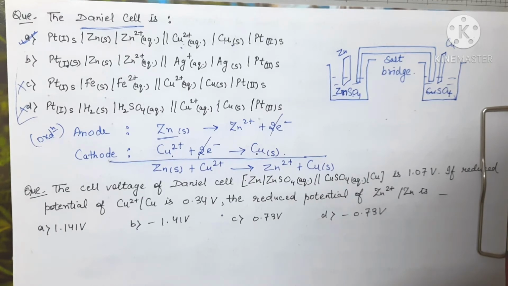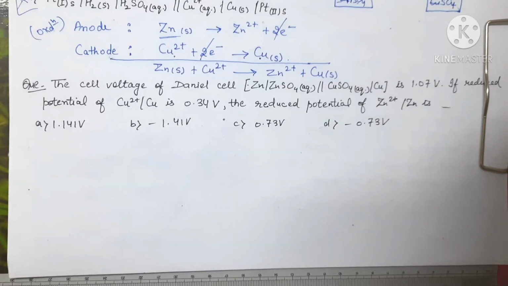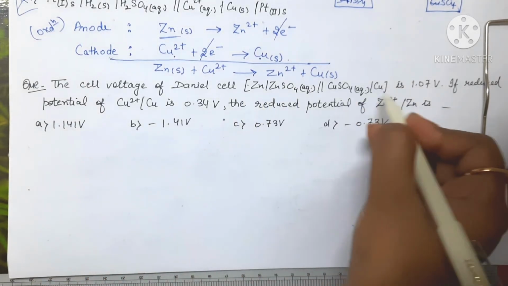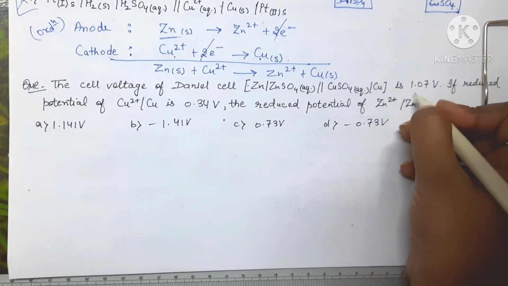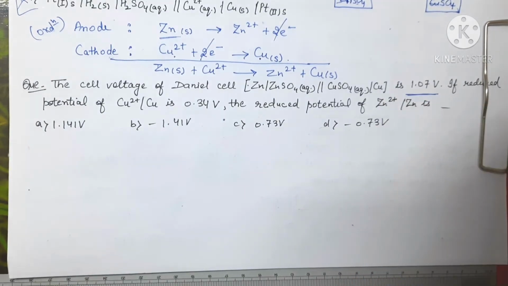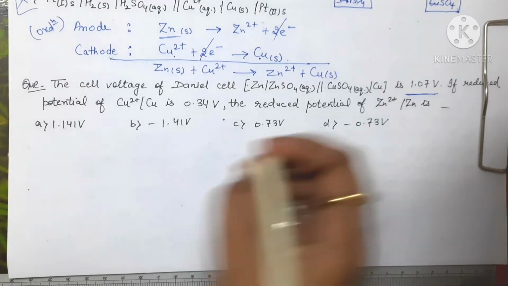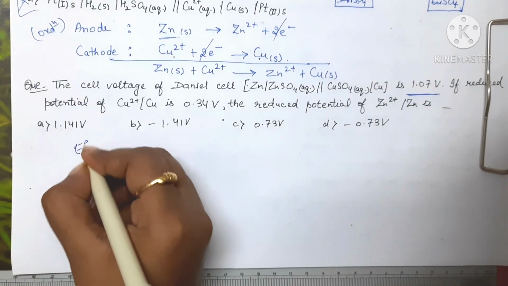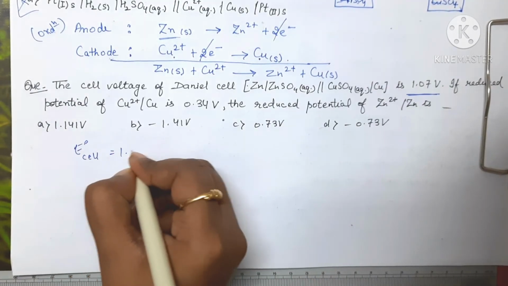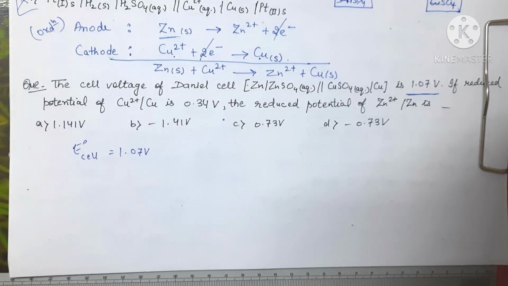Okay, so now with this we'll move on to the next question. So now this next question is also about the Daniell cell. They have given this Daniell cell and the cell voltage of it, that is they have given EMF of this cell. So they have given E° of cell as 1.07 volt.